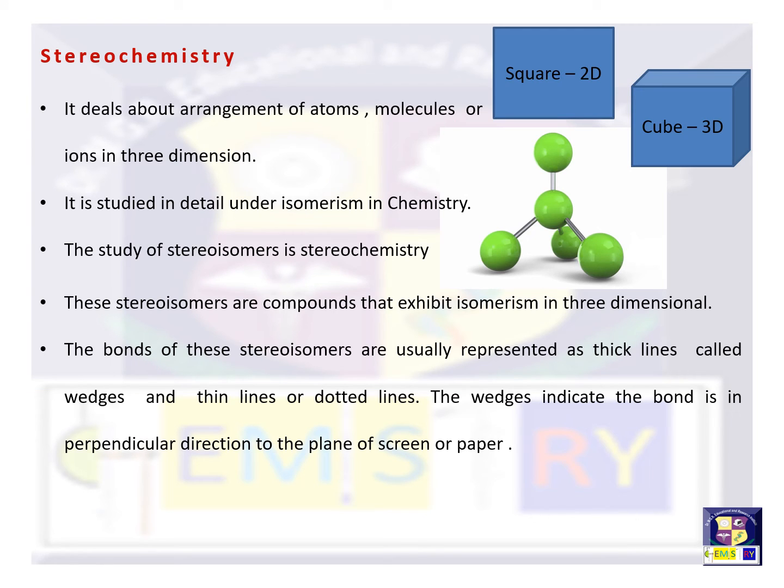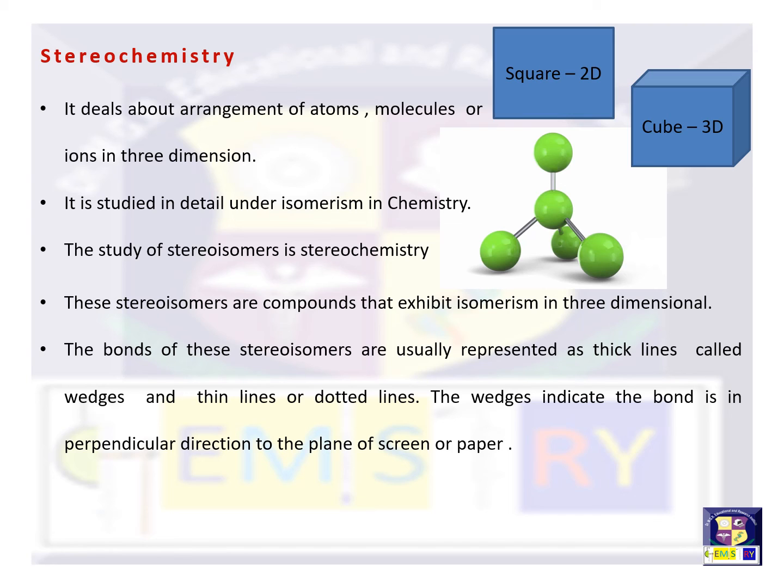Now we will go into the other branch of isomerism, that is stereoisomerism. Stereochemistry is about the arrangement of atoms, molecules or ions in three dimensions. For example, when we draw a square, we just give the length and the breadth, which are the same. Whereas when we draw a cube, we give the length, breadth and width.